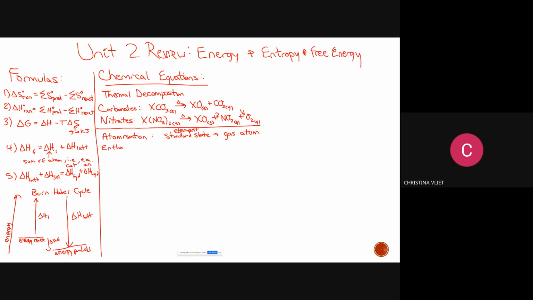The next one that we also saw in the bell work is enthalpy of formation. What's that? Elements in standard state go to compound, whatever compound they're forming, 1 mole of compound.